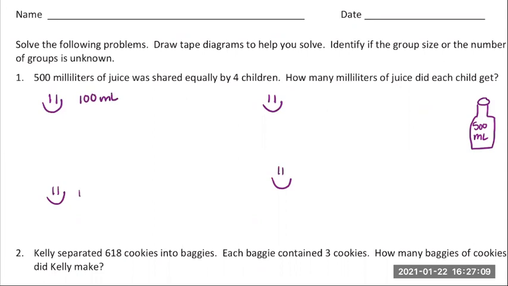You could probably draw a cup for each of them if you wanted. I'm not going to for time's sake. Okay, so once we've given each kid 100 milliliters, then we've used up 400 milliliters of our juice. Okay, we could use a tape diagram to show this.